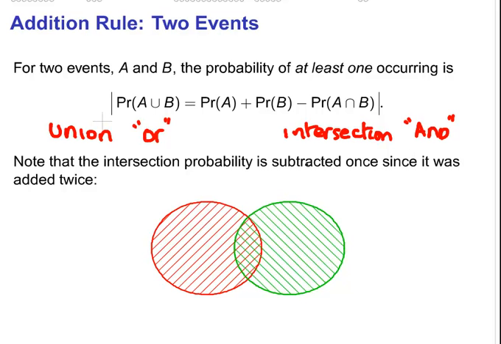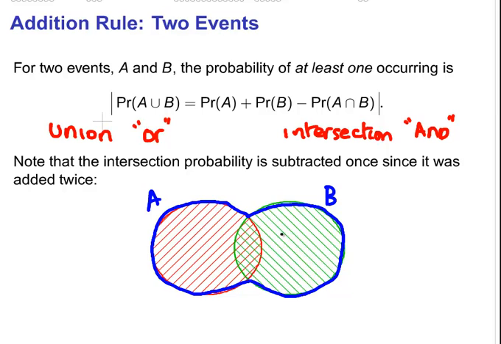Okay, so the reason we subtract it here is, let's say down below this is A, this is B. A union B is everything in the shaded area there. So it's all of A plus all of B, everything enclosed by that blue line.